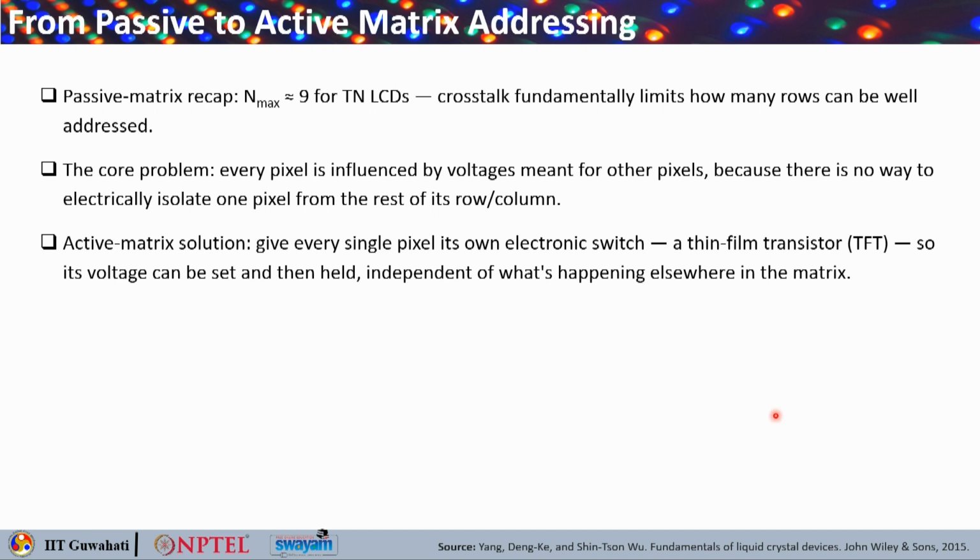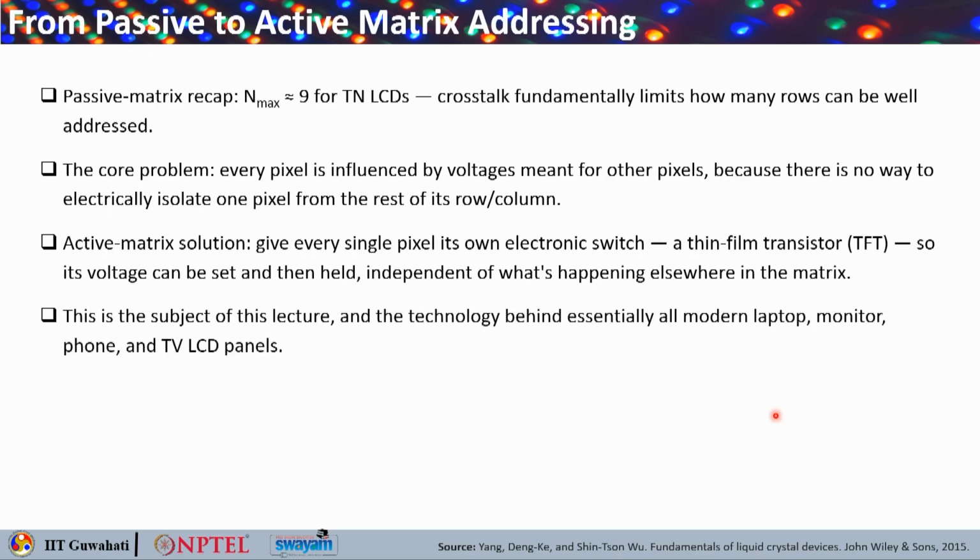So what is this active matrix? Here you give every single pixel its own electronic switch, in terms of a transistor, a thin film transistor or TFT. So its voltage can be set and then held independent of what's happening elsewhere in the matrix.